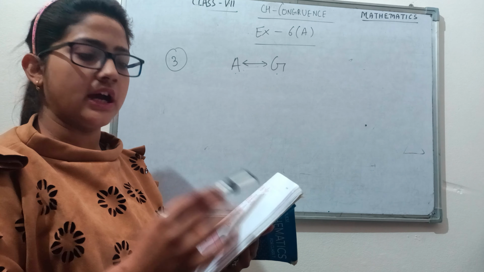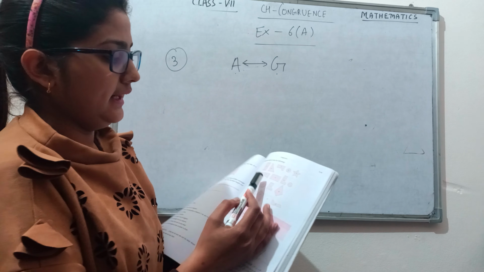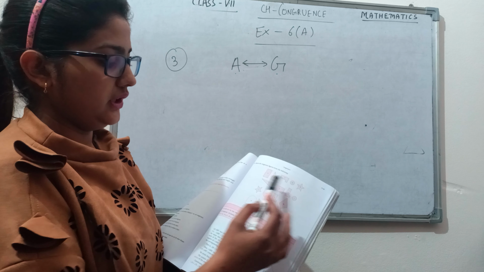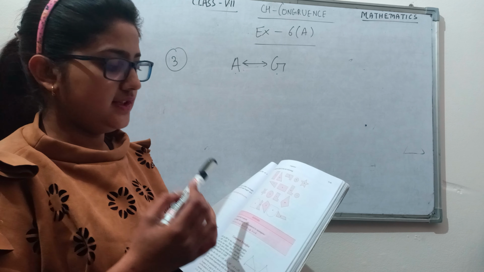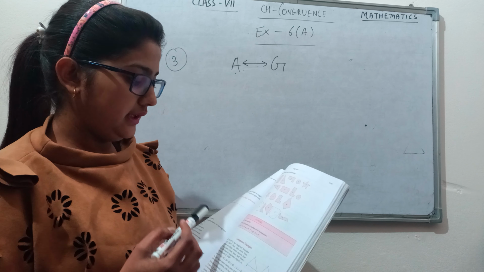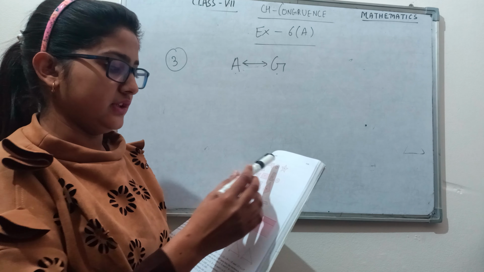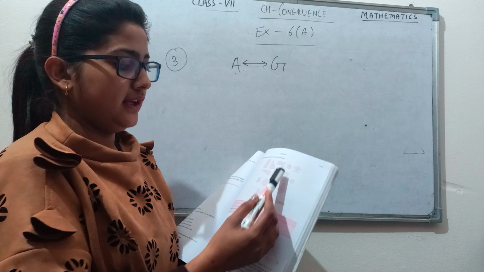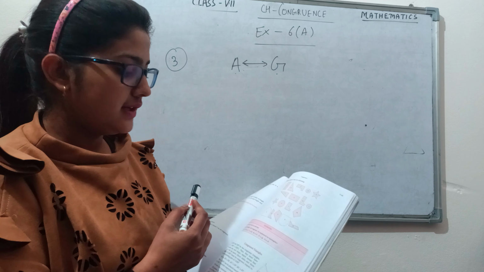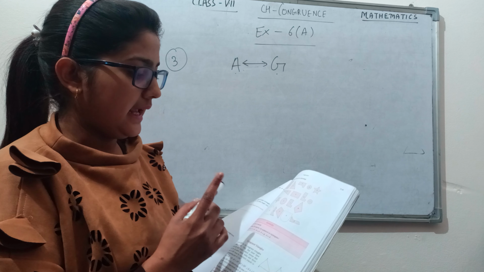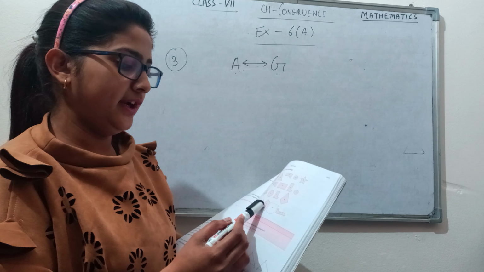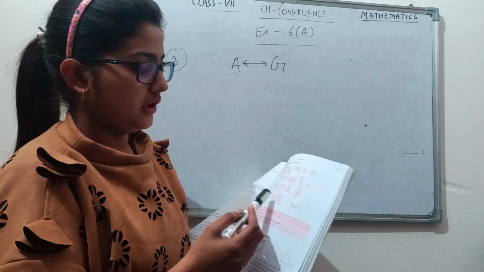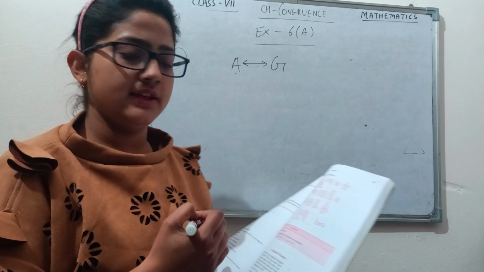Next, there are two stars in your book, E and J. These are also congruent. Next is C and H. They have the same shape and same size. Next is M and P. These are of the same shape and same size.